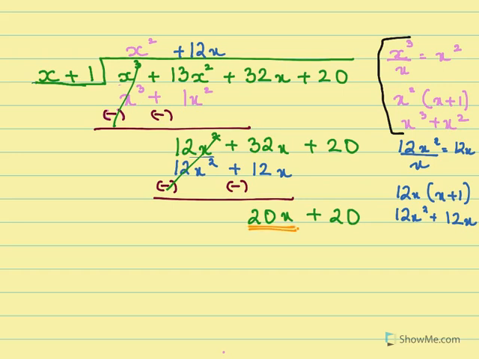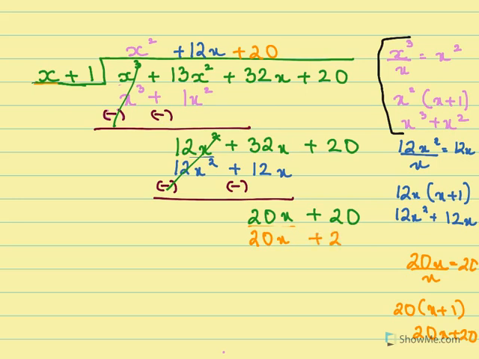Now same procedure again. We divide 20x by x, which is equal to 20. So we put here plus 20. So we do 20 into x plus 1, which is 20x plus 20.